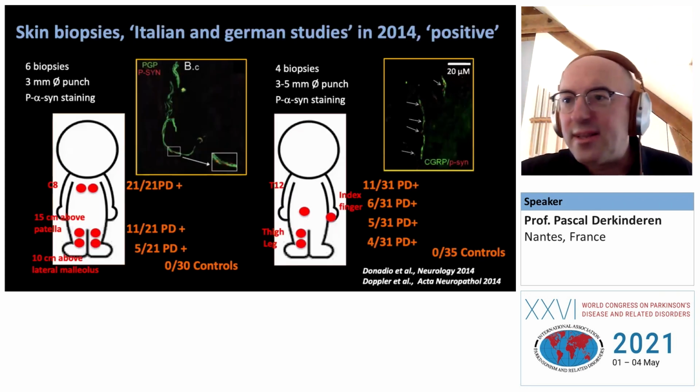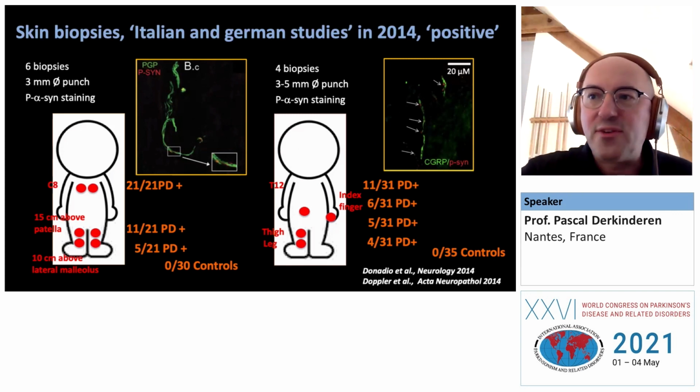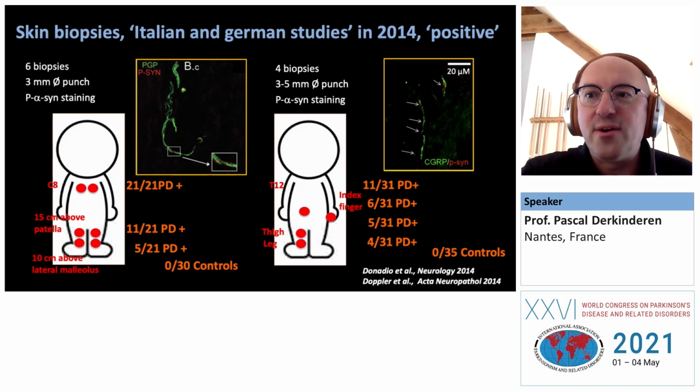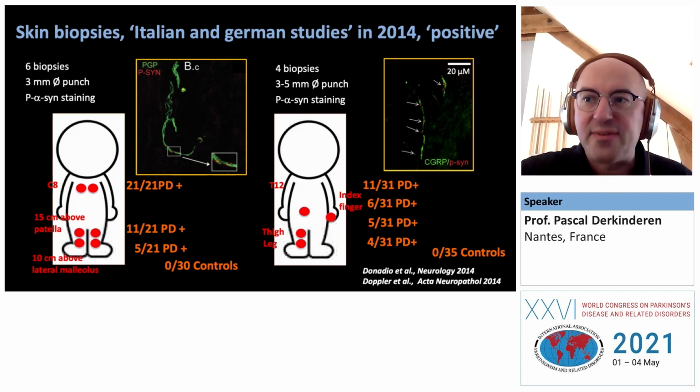It was not until 2014 that two independent groups, one from Germany, the other one from Italy, convincingly showed that skin biopsies allowed the detection of PASH with an acceptable sensitivity and a very good, excellent specificity.